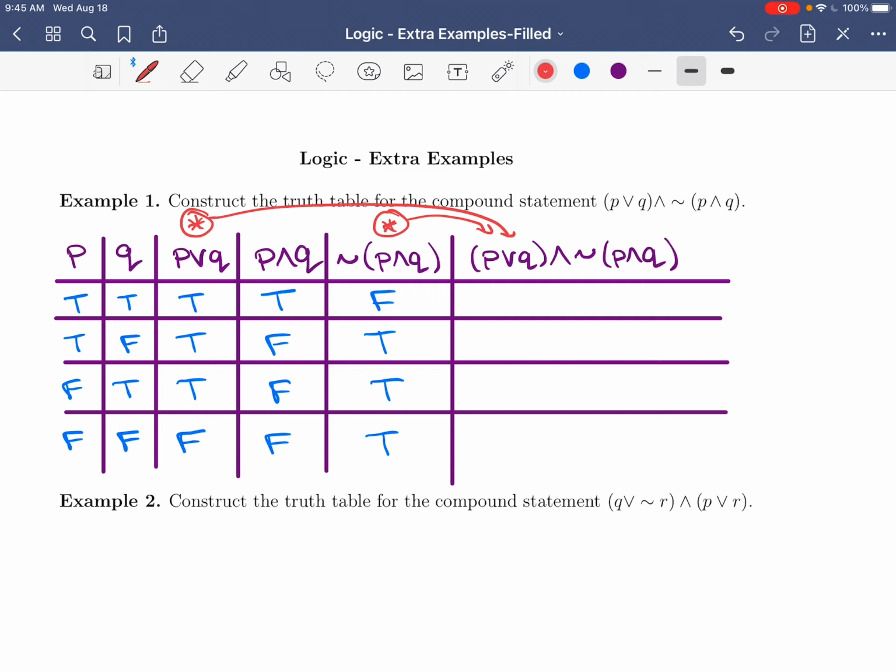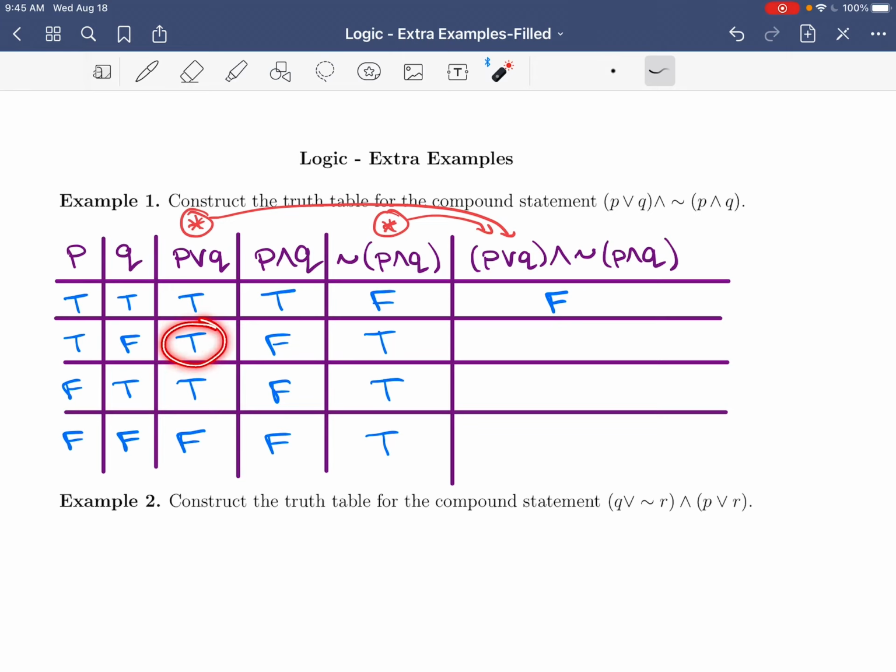Because it's an AND, I need both of these things to be true. In the first row, P or Q is true, but not P and Q is false. So here, this is going to be false.